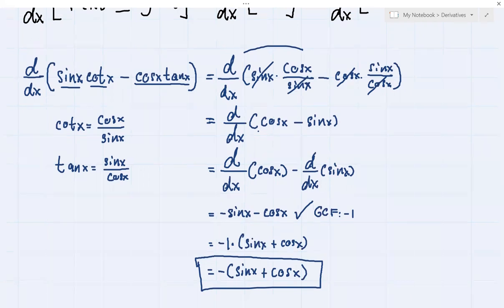Because here, as you can see, we have two terms that have two functions each, right? So the product rule would be used in that case. However, the way I see it, it can still be simplified. And it did simplify.